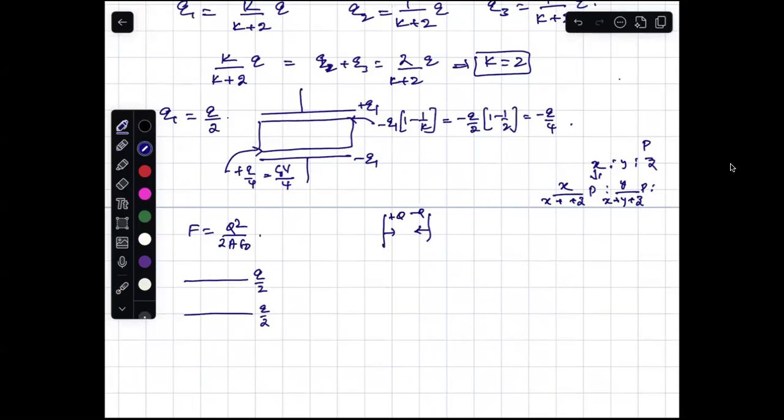So the force between the plates, the force initially is this much.